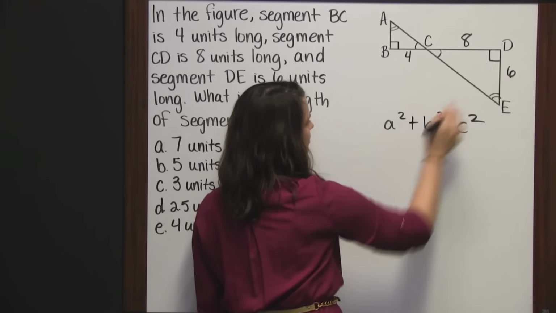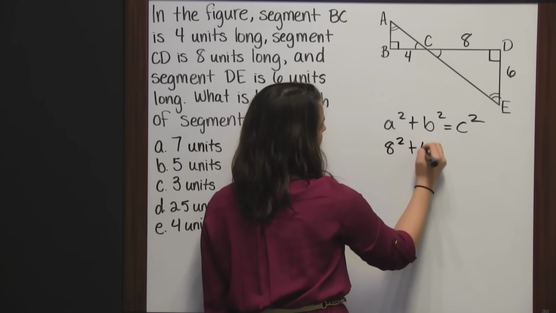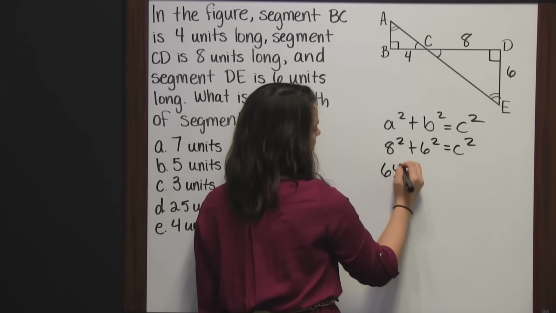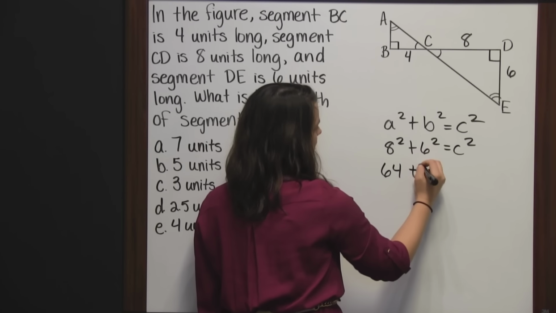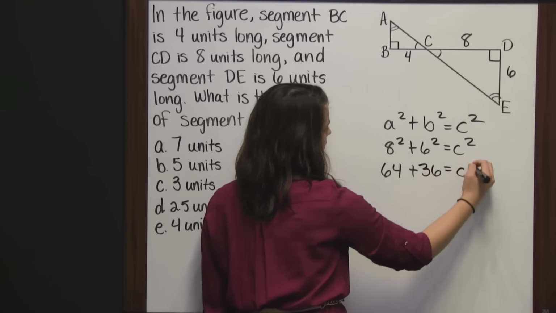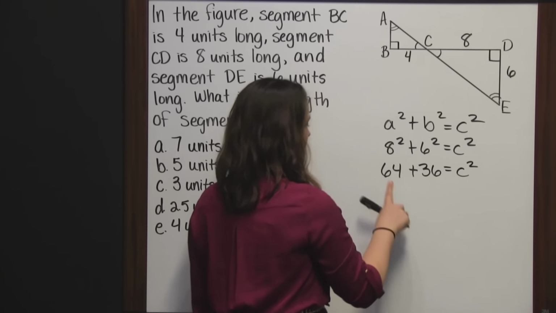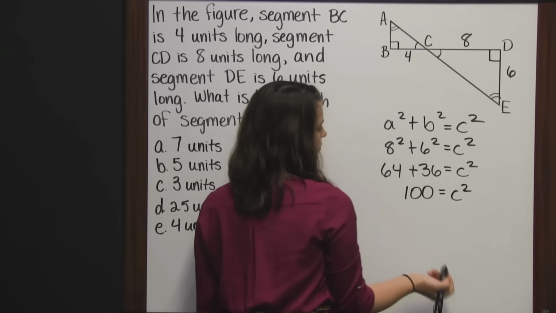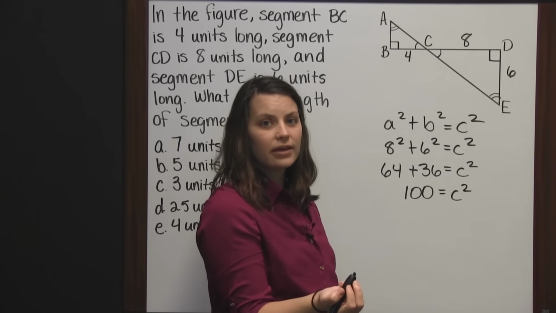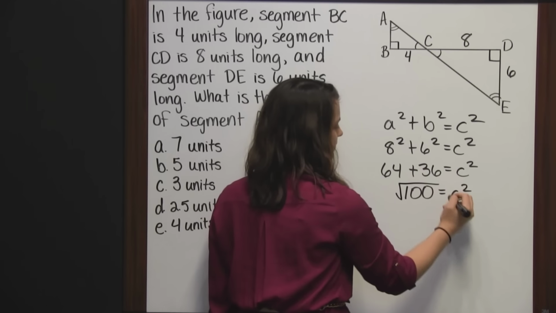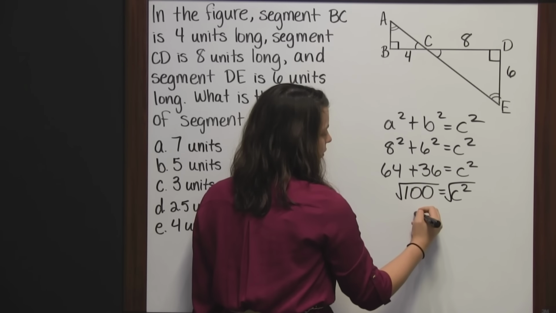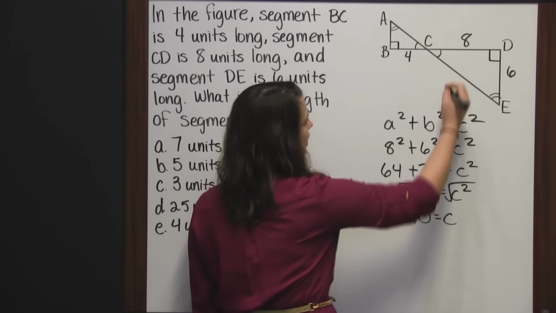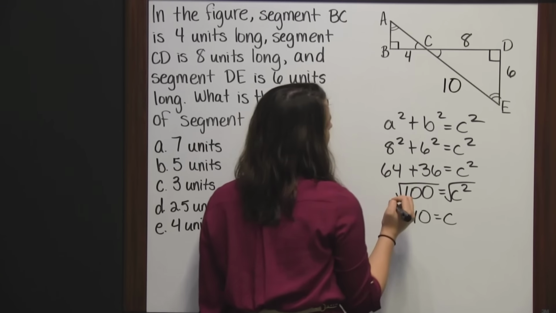We have our two legs. 8 squared plus 6 squared equals C squared. 8 squared is 64, plus 6 squared is 36, equals C squared. 64 plus 36 is 100, equals C squared. Then to solve for C, we need to square root both sides. The square root of 100 is 10, and the square root of C squared is C. So the length of segment CE is 10.